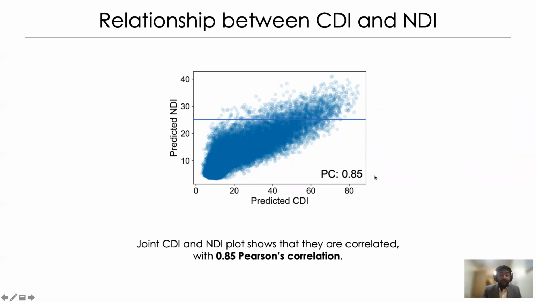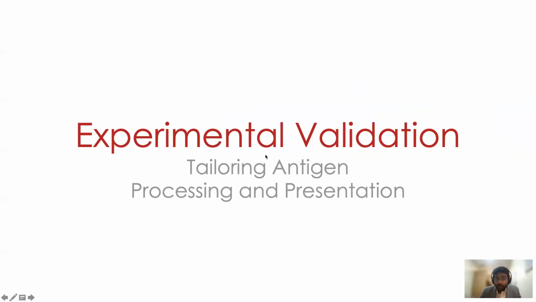Thus, to ensure that we can modify one particular variable at a time, we fixed the NDI and picked sequences across the entire spectrum of CDI for the experimental validation.